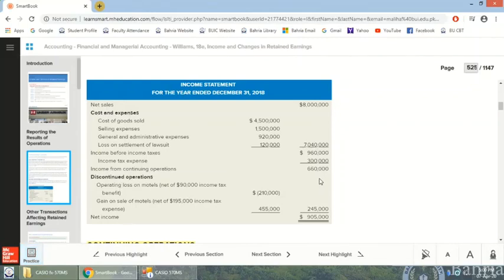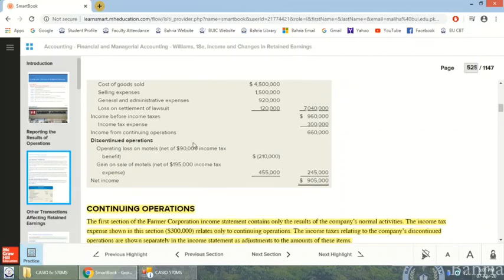Other than that, you can divide this by the number of shares that you have, and you get earnings per share here. Then you have income from discontinued operations and losses. Here, as you can see, this is gain on sale of motels. Like someone is operating a restaurant and it's running into some operational or managerial issues. He wants to sell the restaurant, so he can probably gain from the sale.